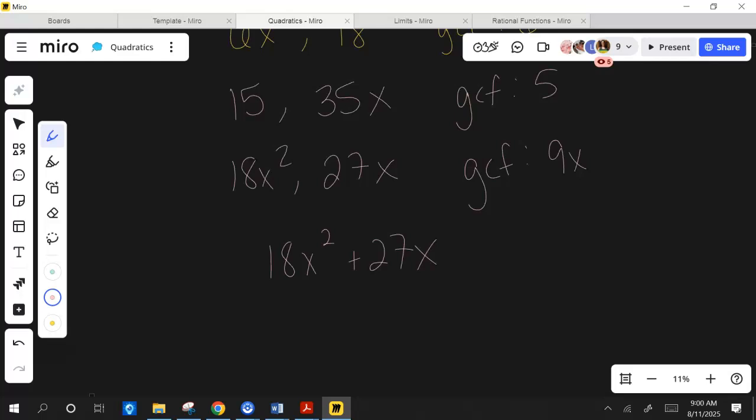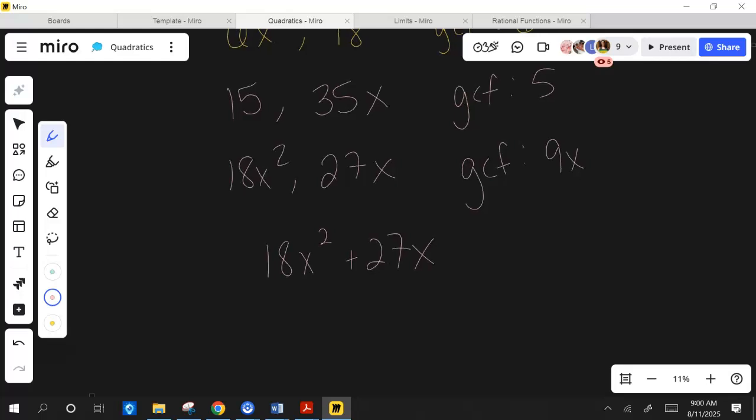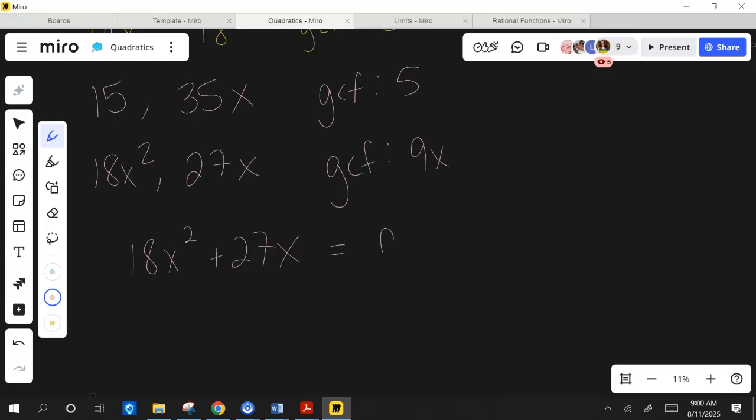So we already said the GCF was 9x. So if I take that out, put it on the outside, undistribute it, go backwards on that, right? What's left in this first spot? 2x. What's left in that last spot? 3. If you were to distribute, would you come back to what you started with? Yes, so I know I did it right.